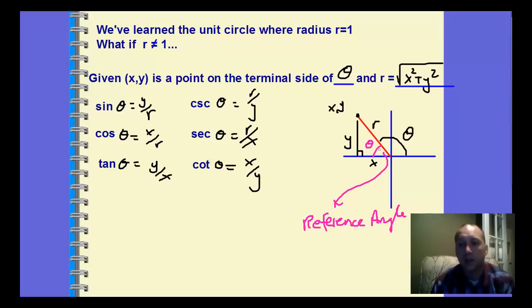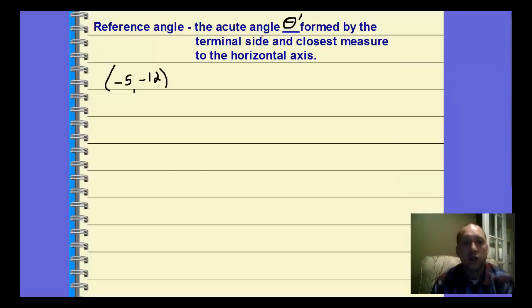This reference angle is the value that helps us find the 6 trig functions. Even though we're evaluating theta, we're using theta prime, our reference angle, to find the trig functions. A reference angle is the acute angle theta prime formed by the terminal side and the closest measure to the horizontal axis.